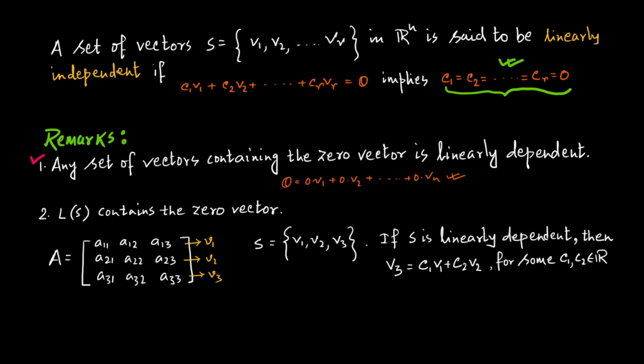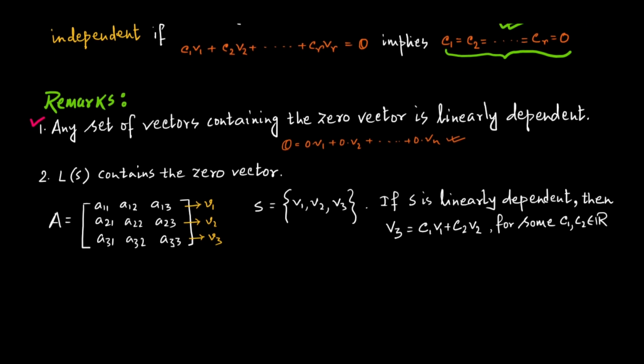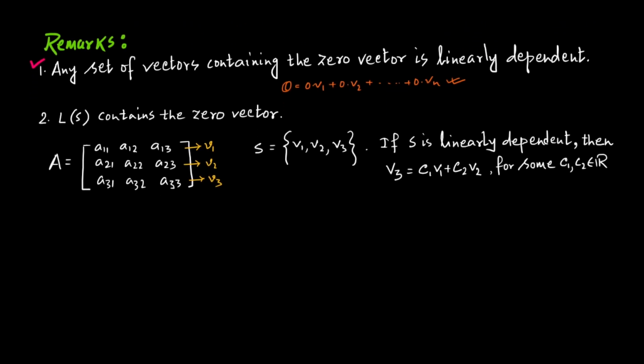Now this means the third row of this matrix A can be represented as a linear combination of the first row and second row. Now tell me, if I do elementary row operations, keeping in mind that the third row is a linear combination of the first row and second row, and I apply a row operation, say R3 changes to R3 minus C1 into R1 plus C2 into R2, can you tell me, as an equivalent matrix, what I will get?